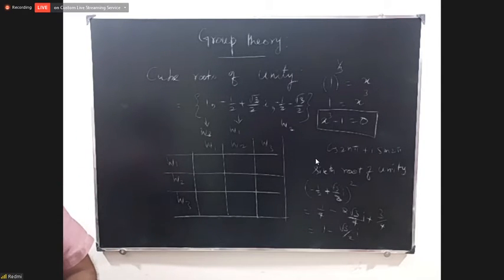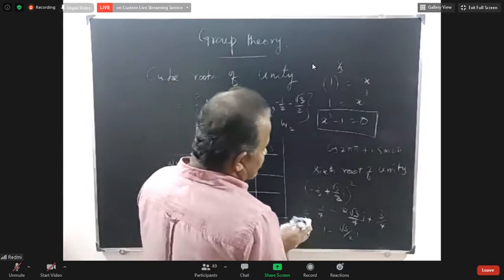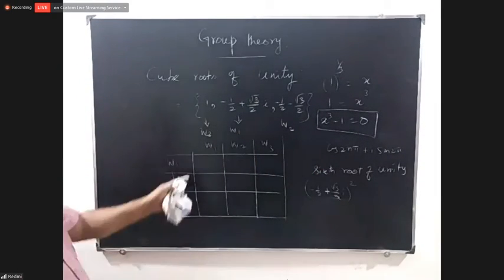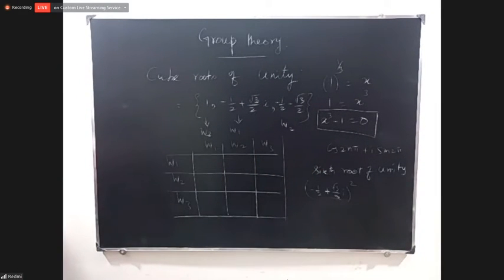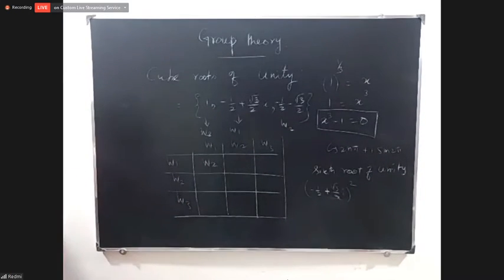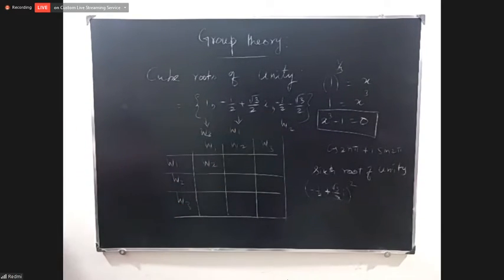You see that? Okay, I will try to write in big size. So therefore I can write W1 into W2 is equal to W3. If you multiply W1 into W1, again you will be getting W2.